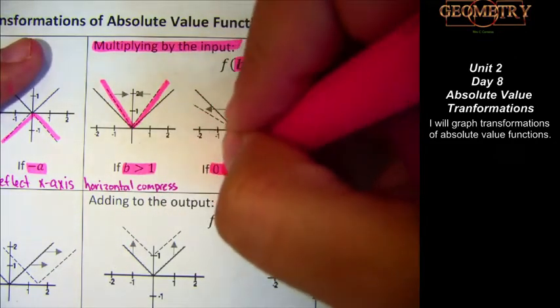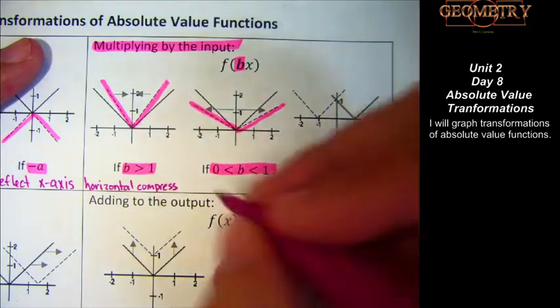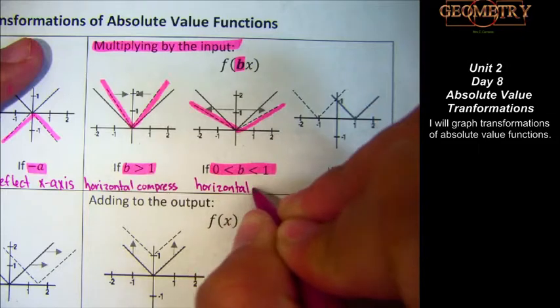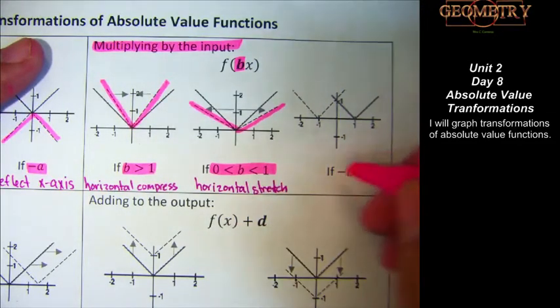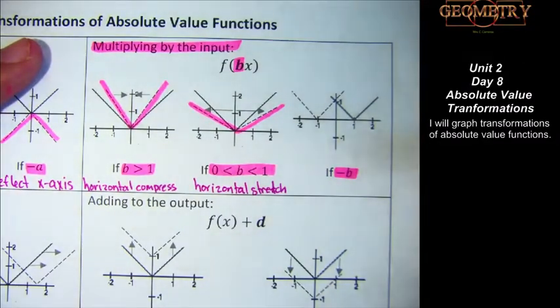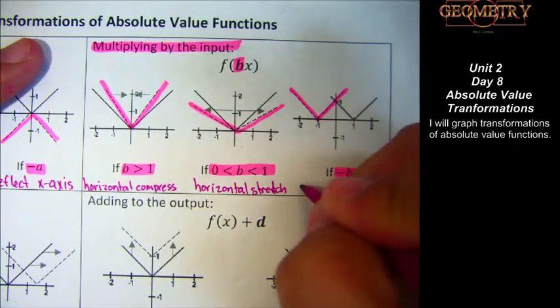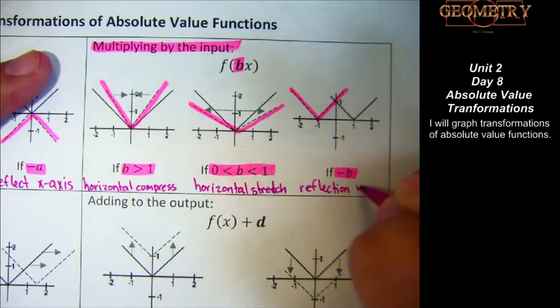If it's somewhere between 0 and 1, some sort of small fraction, we've got a horizontal stretch. And if B, the number that you're multiplying inside the function, is negative, we have a reflection, but this time it happens across the y-axis and not the x.